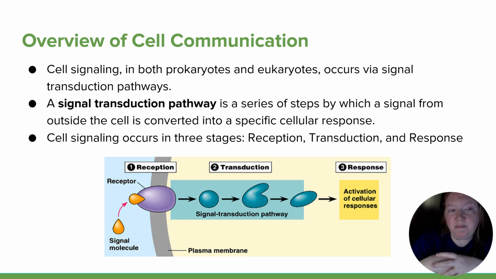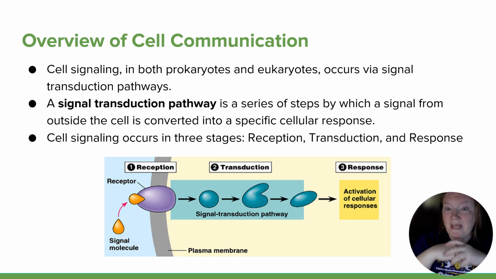Cell signaling in both prokaryotes and eukaryotes occurs via signal transduction pathways. So what is that? Well, a signal transduction pathway is a series of steps in which a signal from outside the cell is converted into a specific cellular response. So signal, transduction, response.